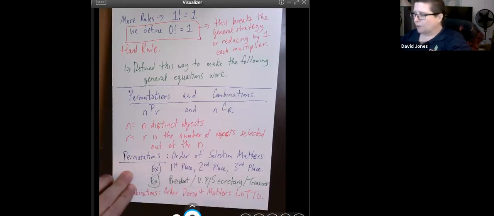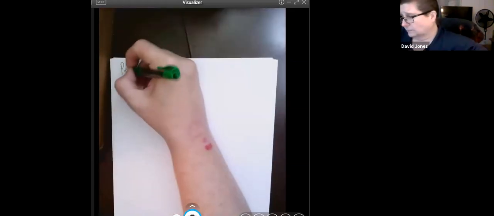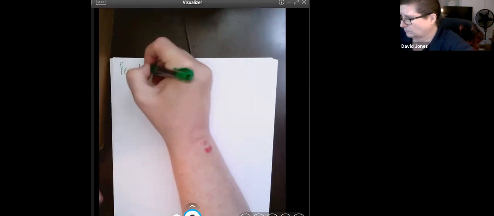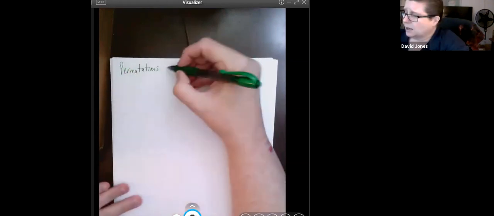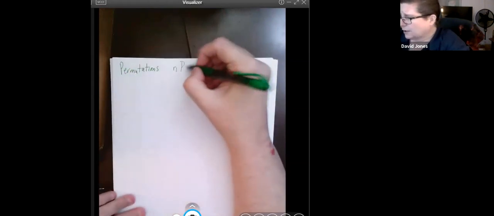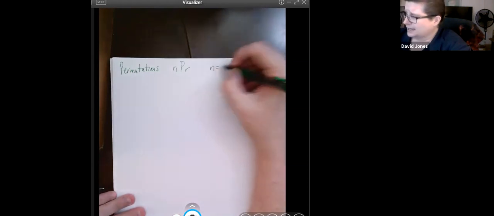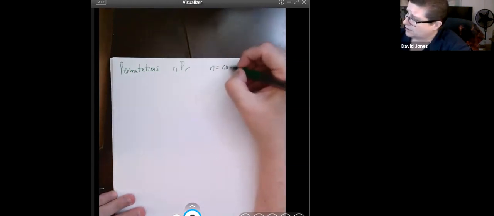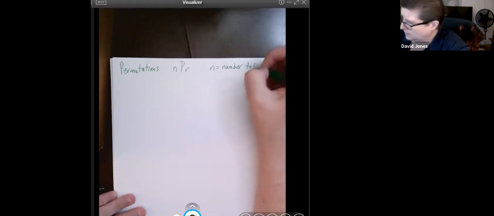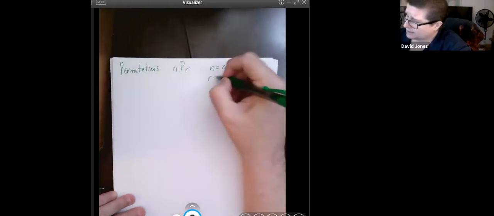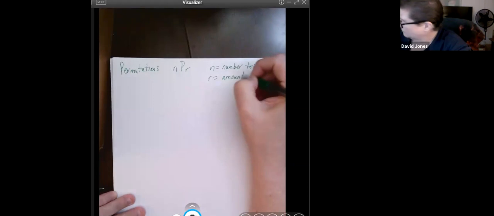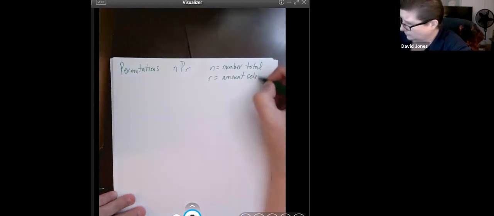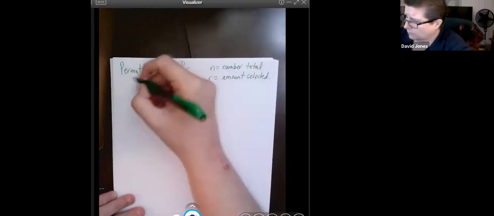Let's look at the formulas for permutations. We got NPR. Again, N is the number total, and R is the amount selected. And order matters.